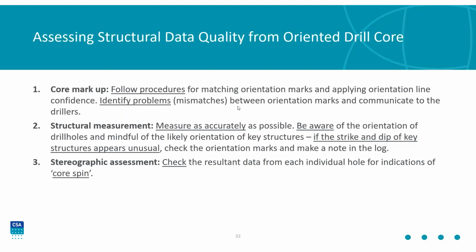Secondly, when we're doing our measurements, we want to measure as accurately as possible, and be aware of the orientation of key structures and whether these key structures change relative to the drill core. And then finally, once you've collected the data, when you're starting your analysis, check the data from each hole for indications of core spin.